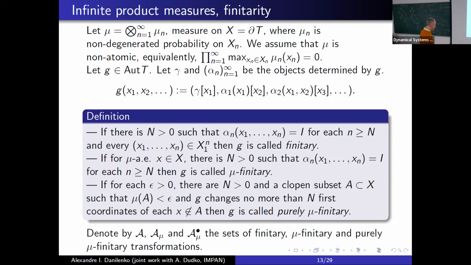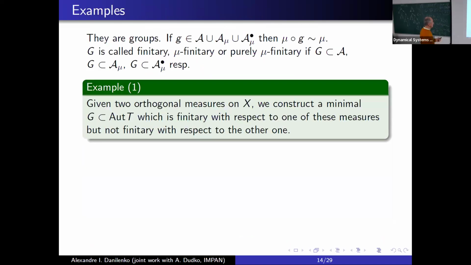Denote by A, A_mu and A_mu-pure the sets of all finitary, mu-finitary, and purely mu-finitary automorphisms. They are groups, and if g belongs to one of them, then the measure is non-singular. That is why they were introduced, just to get non-singularity.